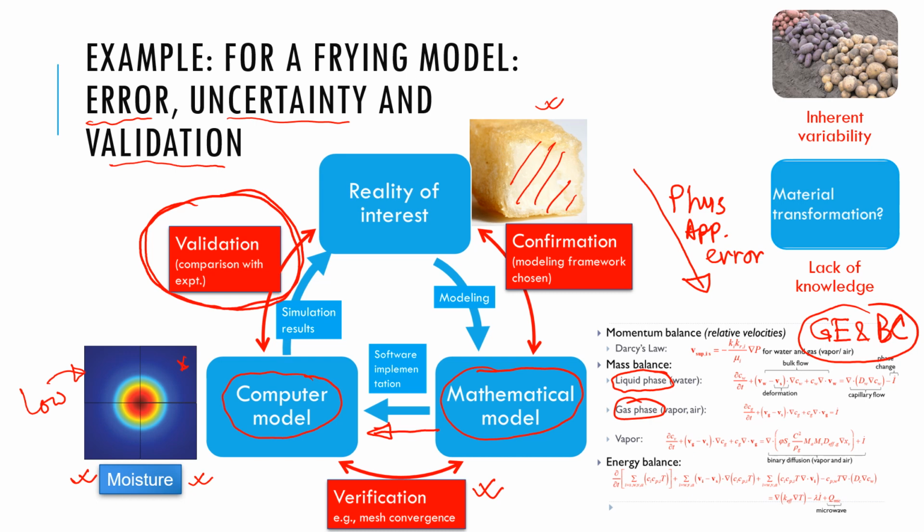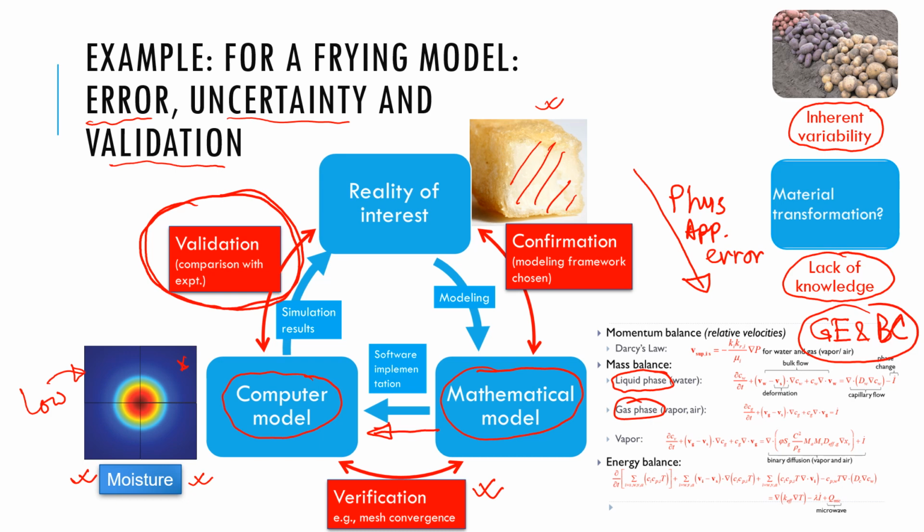Note, validation also can address the two types of uncertainty that we discussed. One is due to inherent variability. So let's say these potatoes that we're talking about, there can be variability in there, or the lack of knowledge variability. So depending on the potato variety, for example, the physical properties can change.